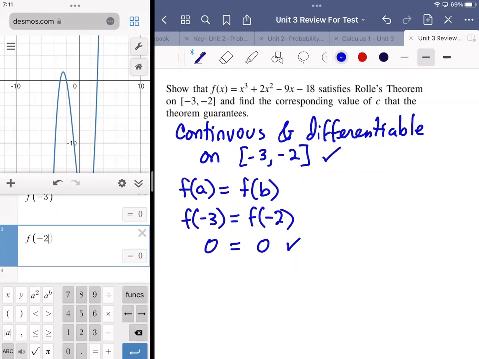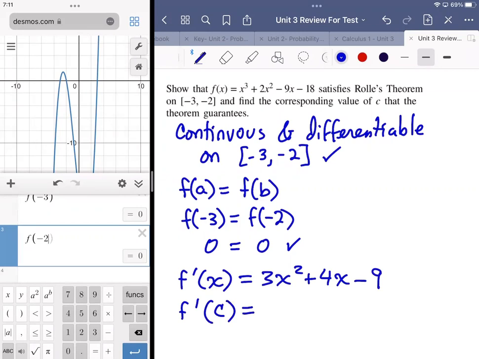And then find the corresponding value of c that the theorem guarantees. Right, so for that, I need a derivative. So f'(x) is going to be 3x squared plus 4x minus 9. I evaluate that at some constant c.